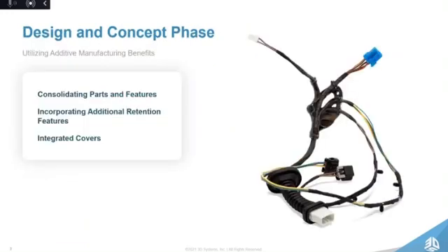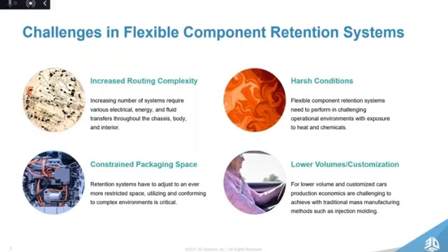The other thing that we get into is harsh conditions. So harsh conditions really are where this is going to be particularly applicable. And obviously this is going to be in areas like underhood and powertrain, where you've got high heat cycling, where you've got chemical exposure, where you've got other components that are in motion that could damage these types of flexible components.